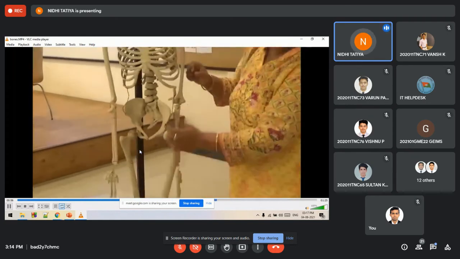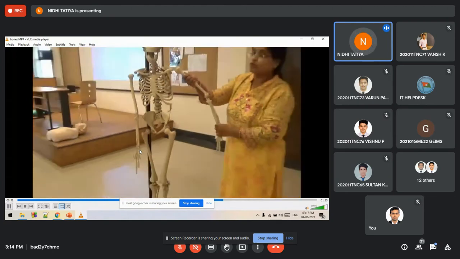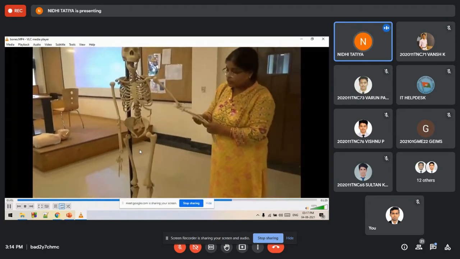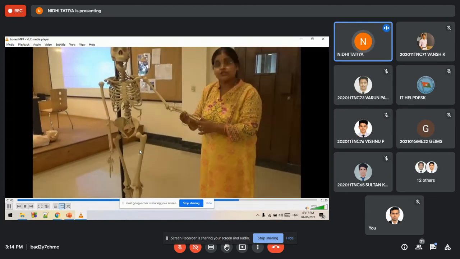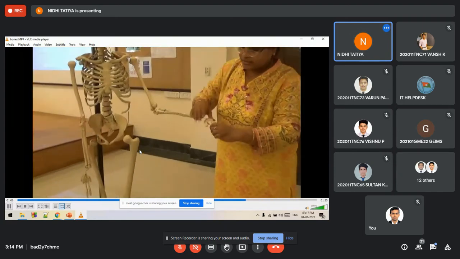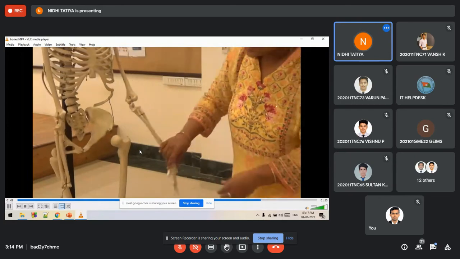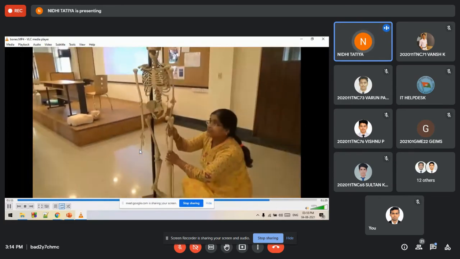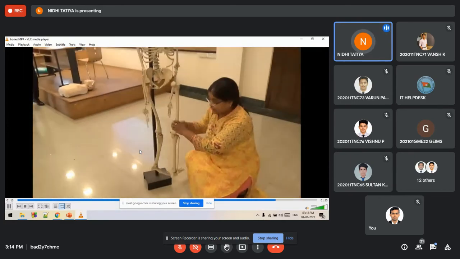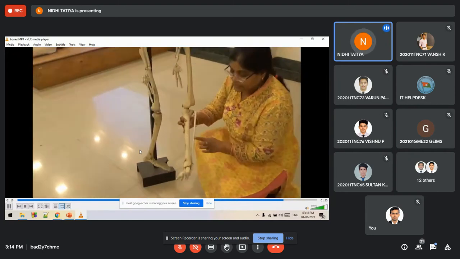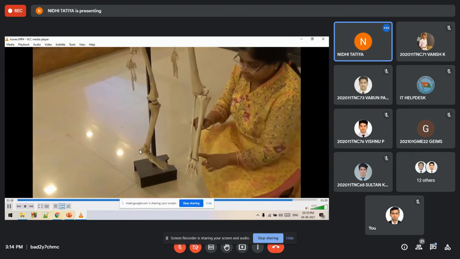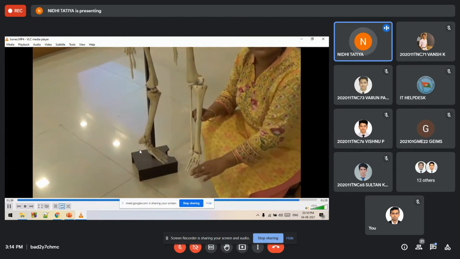Coming on to the upper limb, the arm bone is called humerus. We have two long bones here in the forearm, which are called the radius and the ulna. These are together called the metacarpals, carpals, and the phalanges. Similarly, when I come to the leg, this long bone of the thigh is the femur. These two are the tibia and the fibula, tarsals, metatarsals, and phalanges.